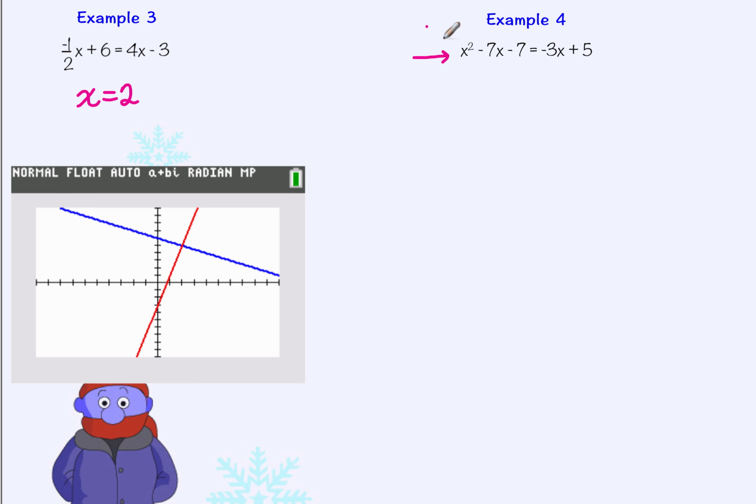So you have to again look at this example and realize if I gave you example 3 on a test and asked you to solve it, you would be able to solve it algebraically or graph it. If I gave you this one on a test, you would realize you don't know how to solve it algebraically yet. You have to graph it. You have to look at it as two distinct graphs, the left side graph and the right side.